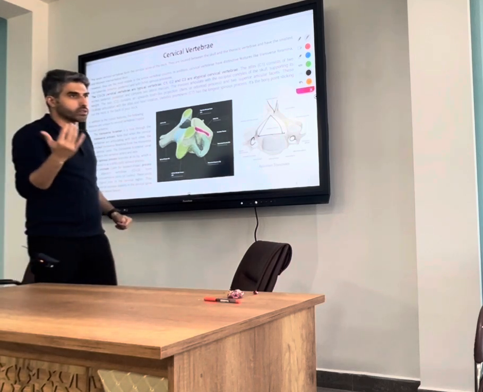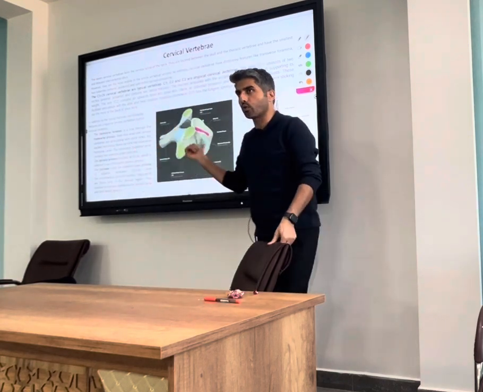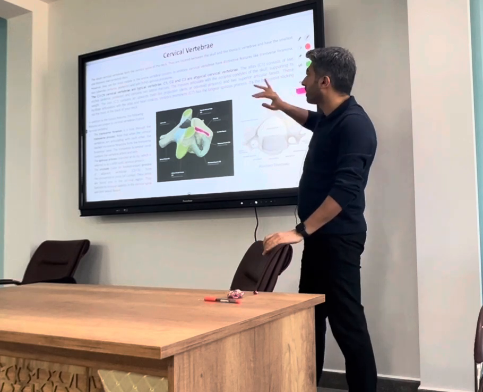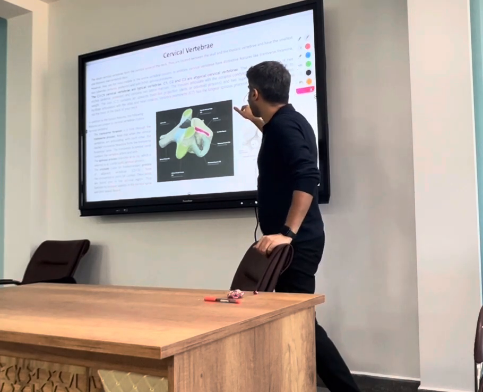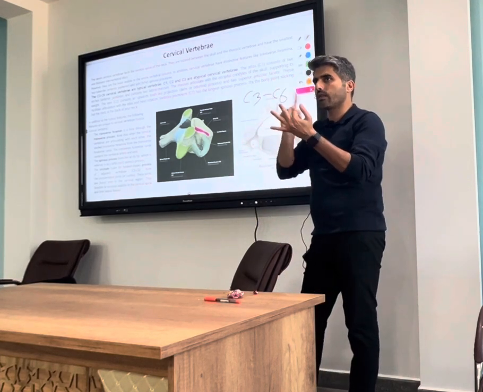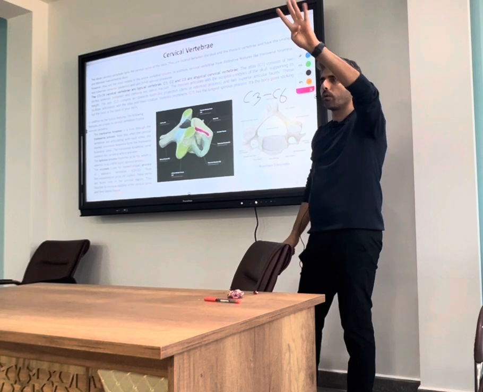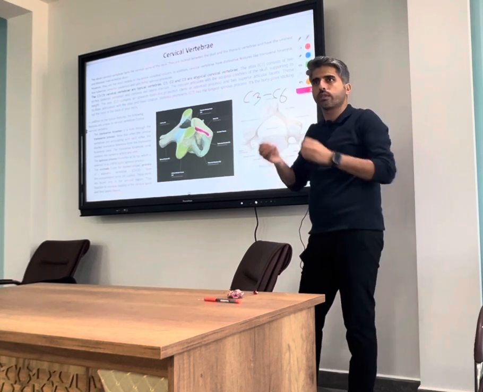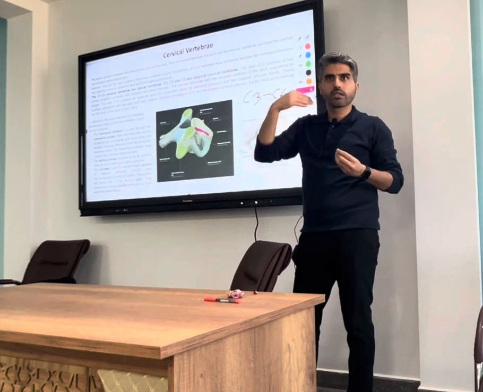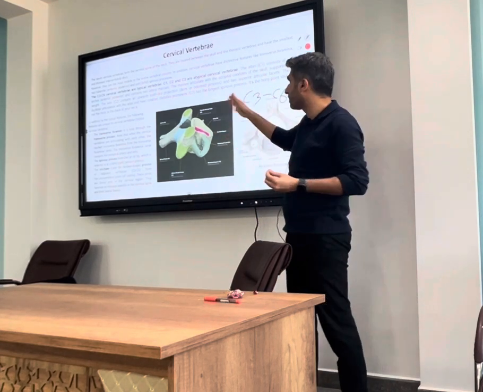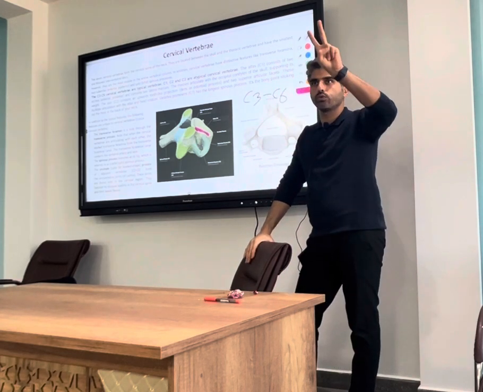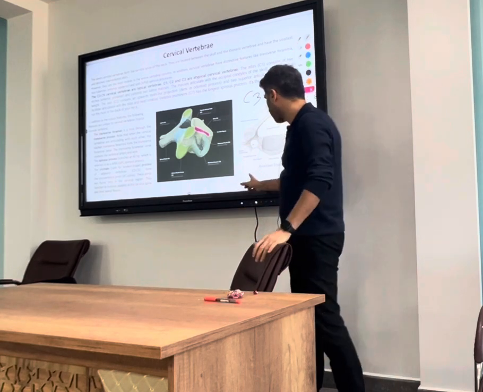But some cervical vertebrae are not normal, they are not typical. Typical are C3 to C6. C3, C4, C5, C6 are normal and have this shape. But C1, C2, and C7 are not normal.